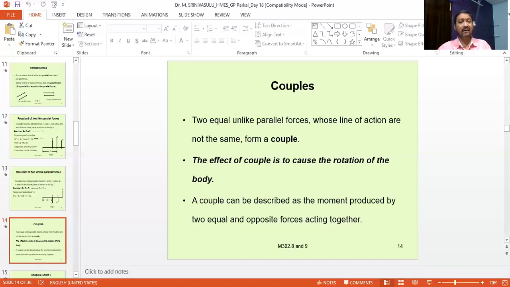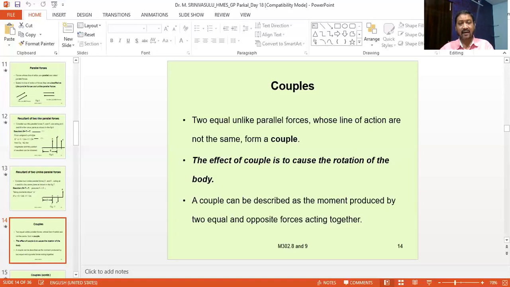In the case of a couple the forces must be parallel, they must act in the opposite direction, that is unlike parallel forces, and equal in magnitude. The next important thing is they must be separated by some distance.